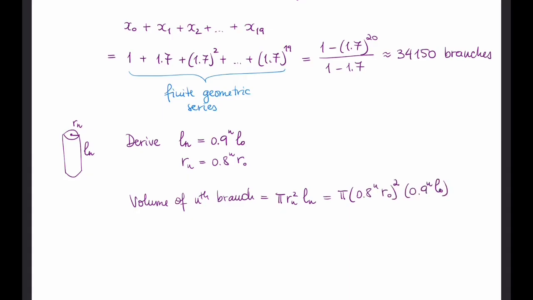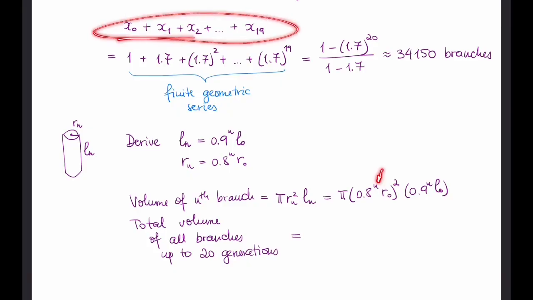Now, in order for me to calculate the total volume of all the branches up until a certain generation, so let's say generation 20 like we've done before, of all branches up to 20 generations, all I have to do is set up a summation where my value of n goes similarly to this expression from 0 to 19.